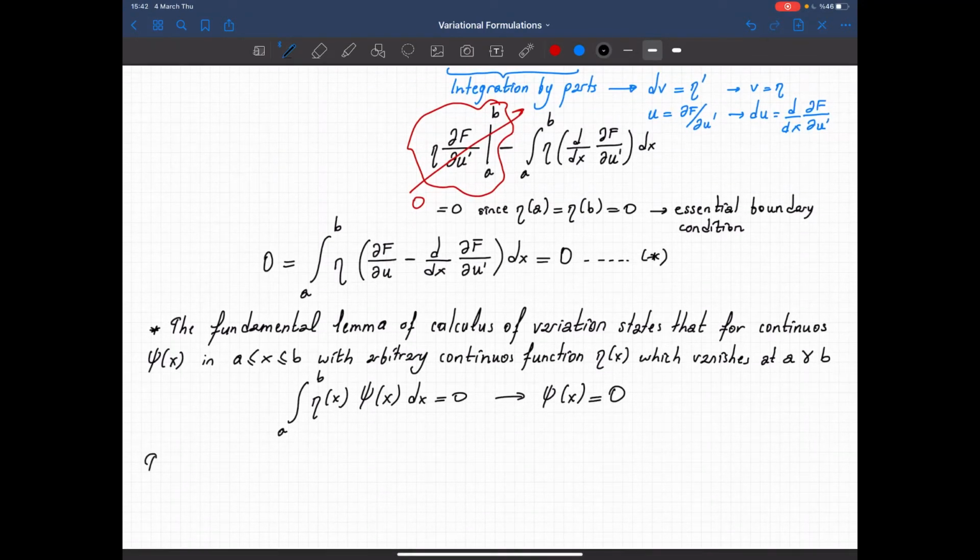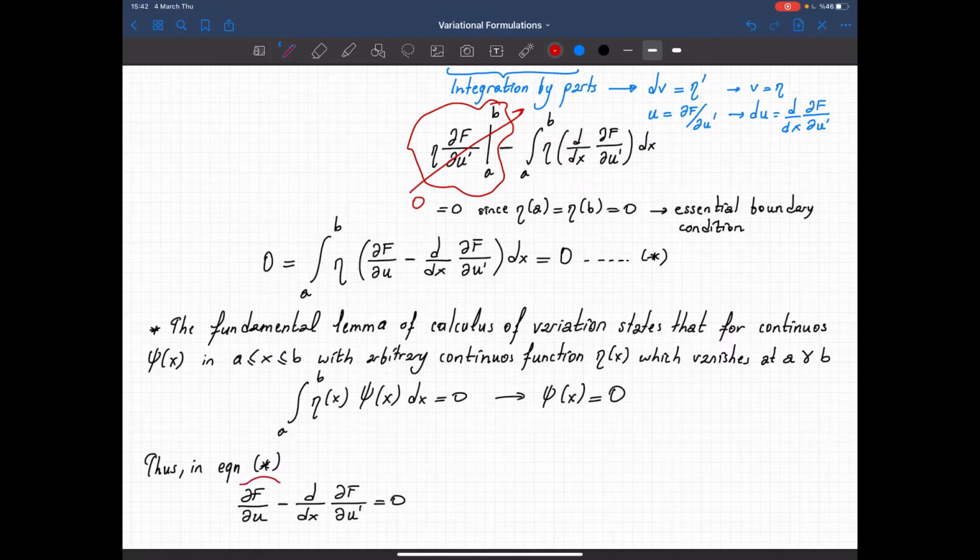So in equation star, we obtain that del f over del u minus d over dx del f over del u prime must be equal to 0.